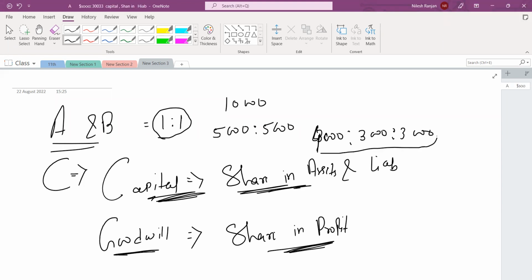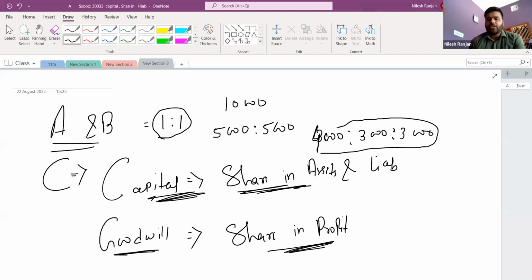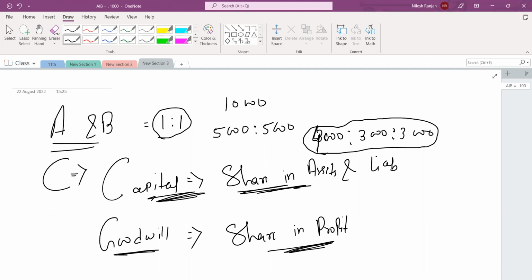Can you tell me, is A just ready to share his profit with C? No. He will want something in return. Otherwise, no one is giving anyone something for free. So A and B also will not give C his share of profit for free.